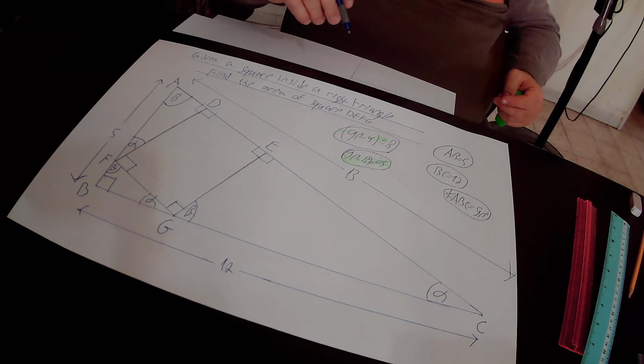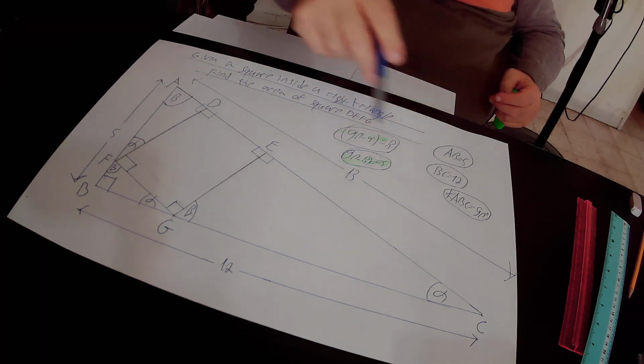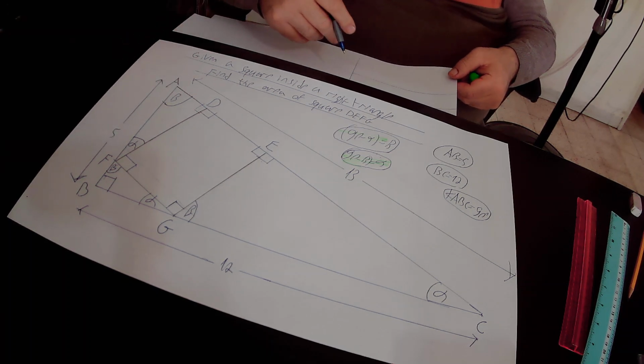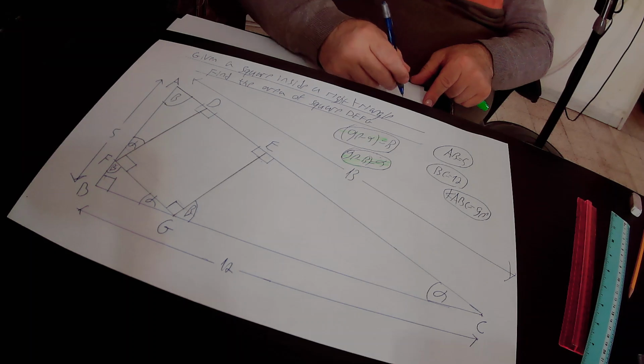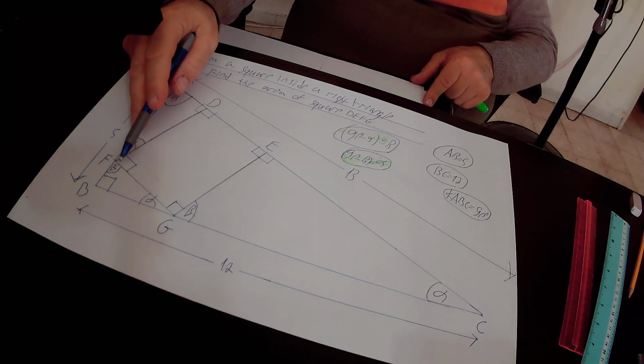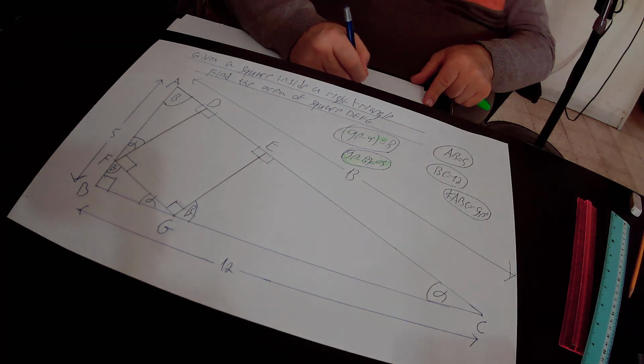And from the fact that all the right triangles are similar to each other, we can derive that a special relationship exists between their sides. For example, we know that the big right triangle ABC is similar to this small right triangle FBG according to the angle similarity rule.